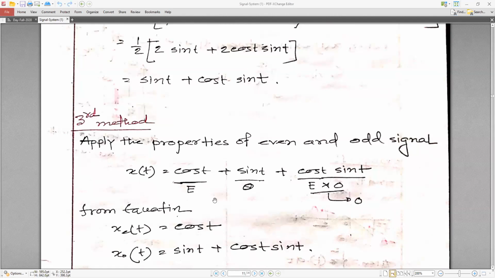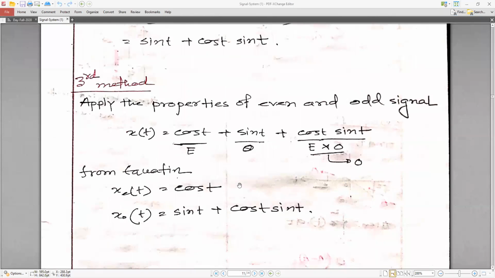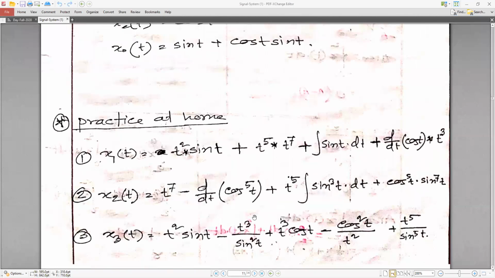Another method is to directly look at the signal and tell the decision according to the properties. From the equation, x even of t is cos t and x odd of t is this one.